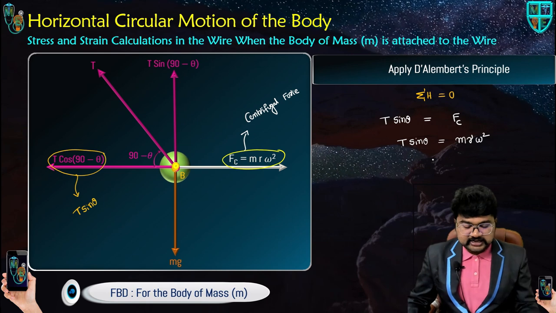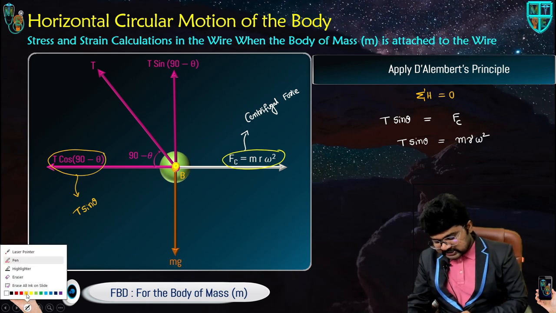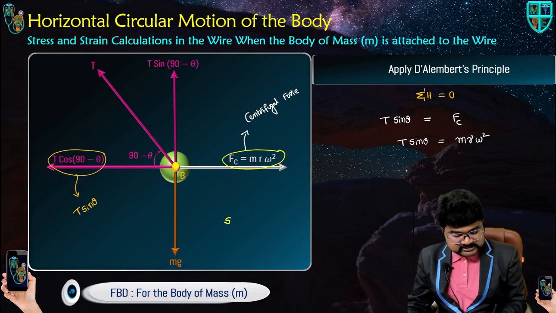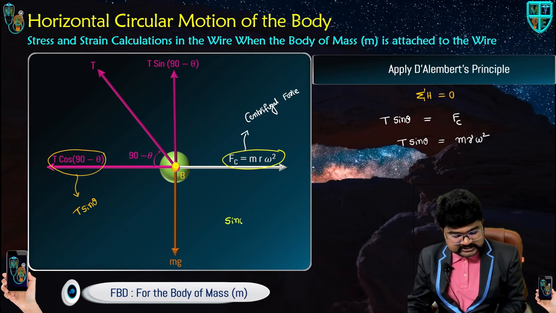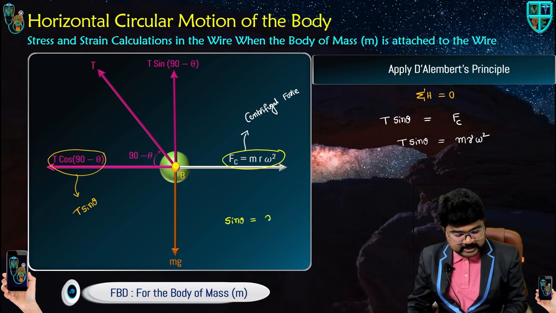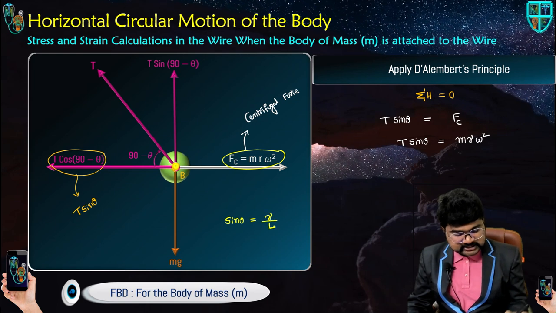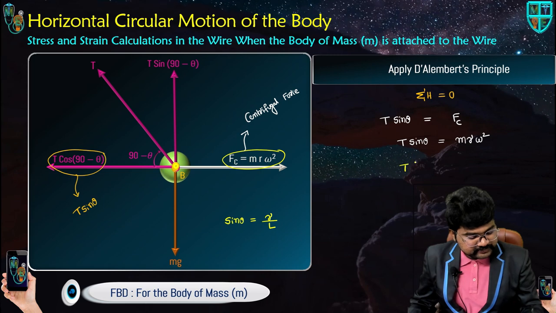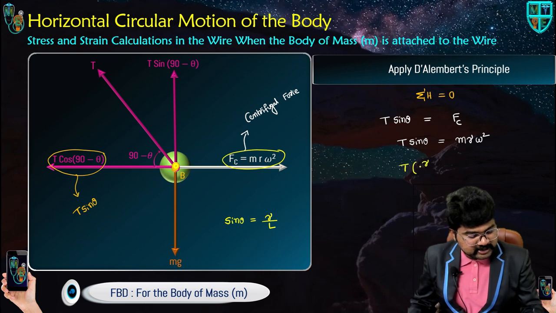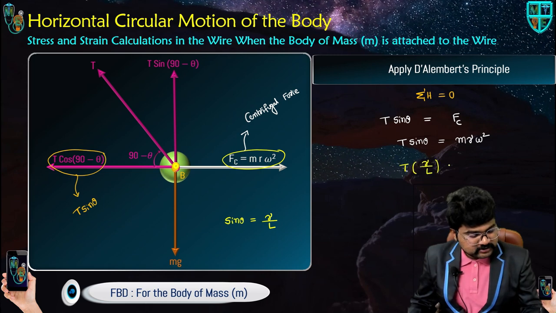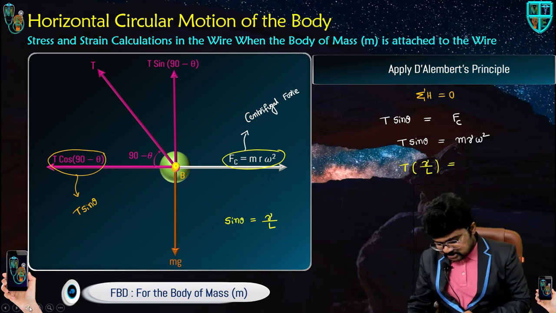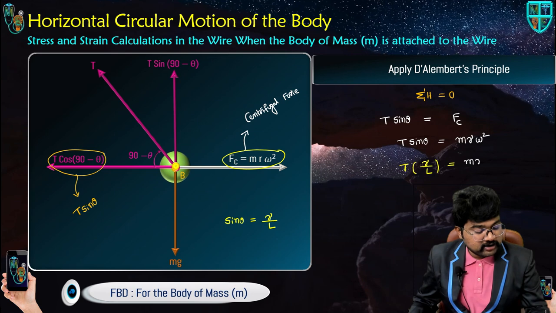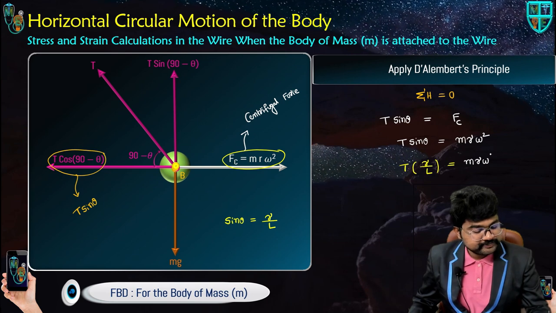Here sin theta we already know. What is sin theta? Sin theta equals R by L. We can substitute: T times R by L equals m r omega square.